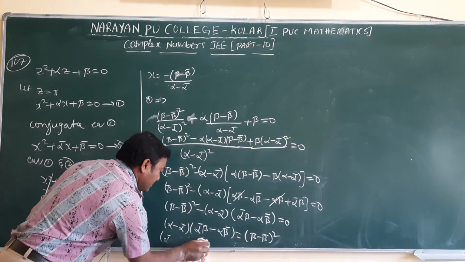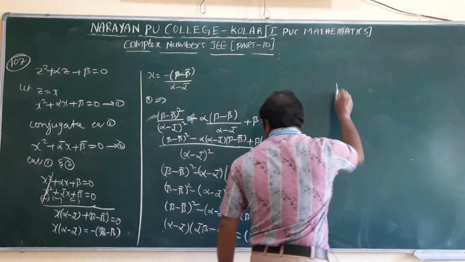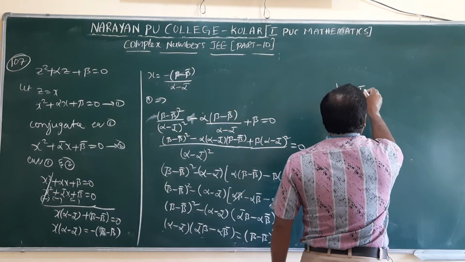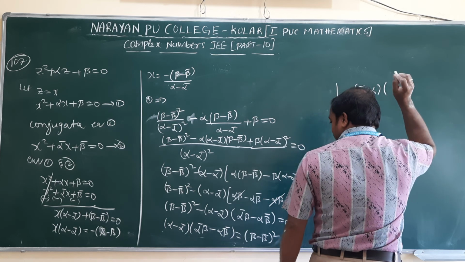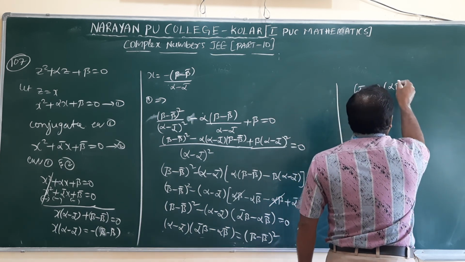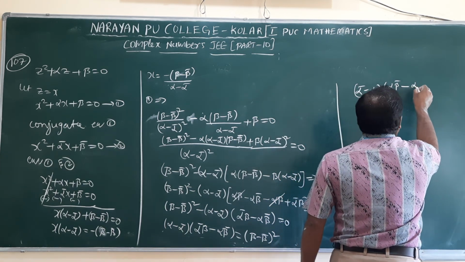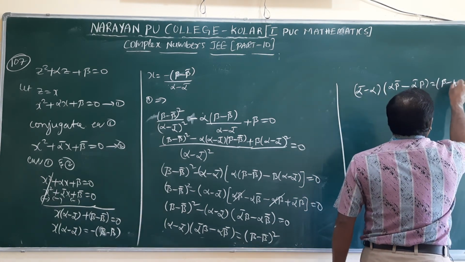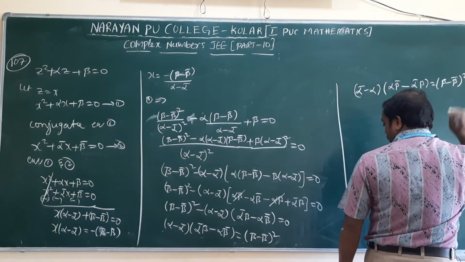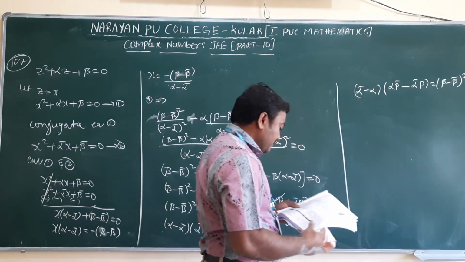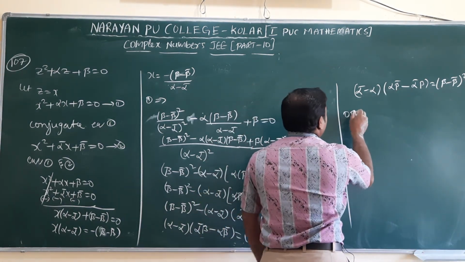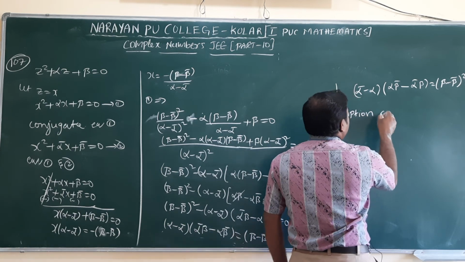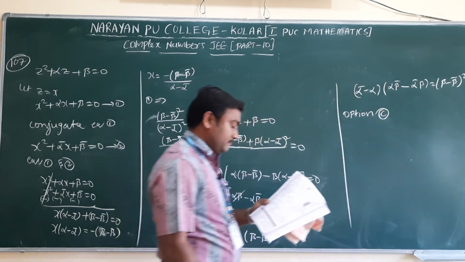So alpha bar minus alpha into alpha beta bar minus alpha bar beta is equal to beta minus beta bar whole square. Here option C is the correct option.